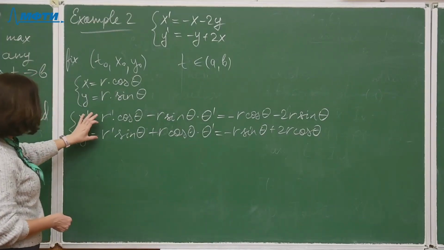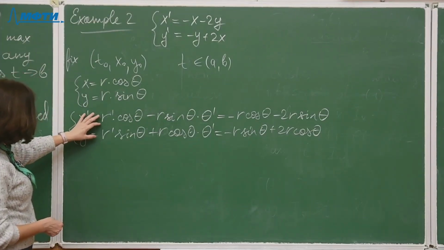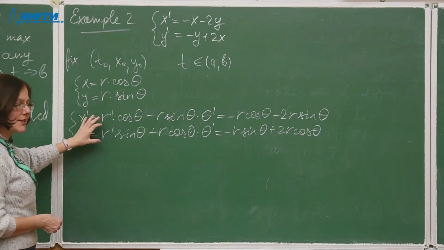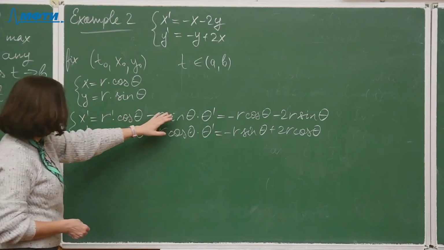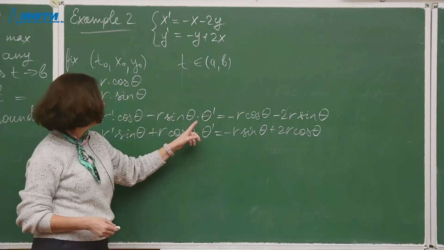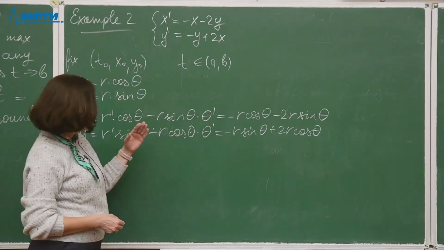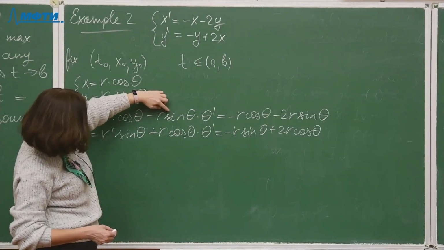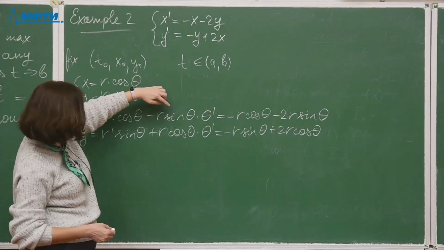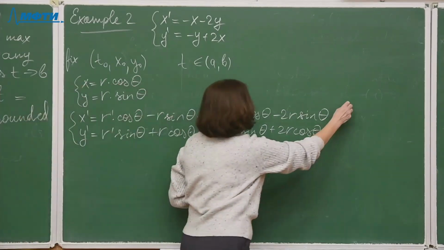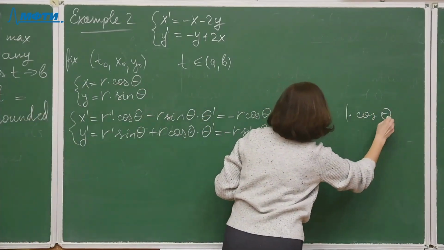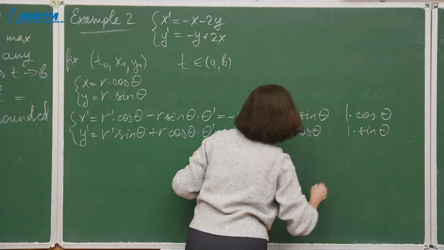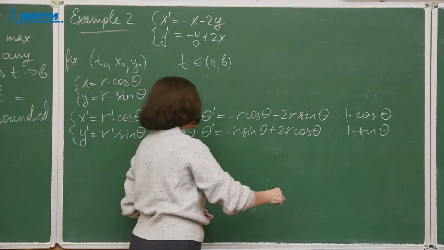Okay, so let's try to find r prime from these simultaneous equations. First I want to eliminate theta prime. To do this, I want to multiply the first equation by cos theta, and the second one by sine theta, and add them together.